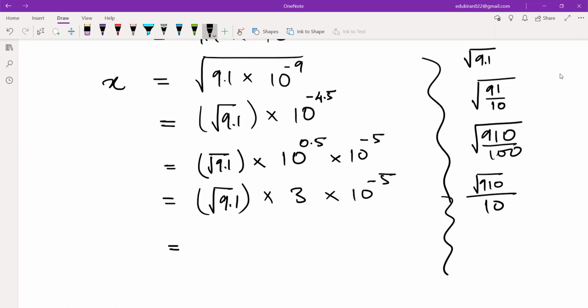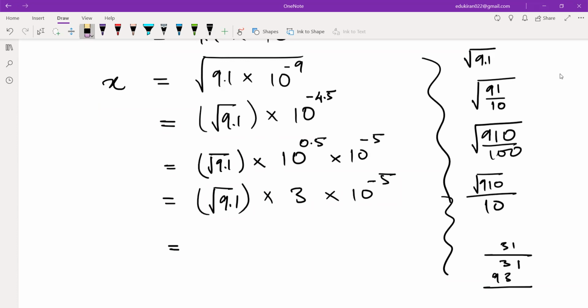So what should we do? 31, and then here you will be getting 3, and it is a 9. It is going to be very high.